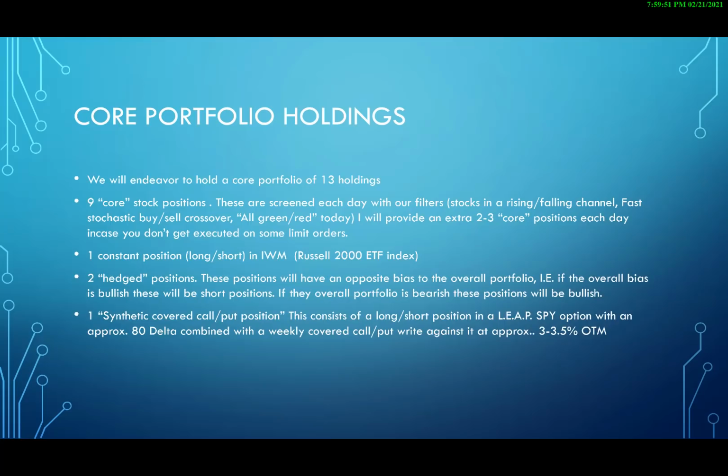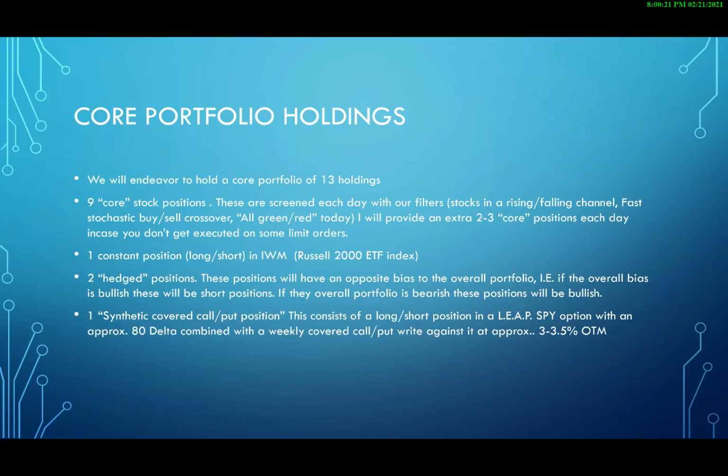So we would look for stocks in a rising or falling channel, a fast stochastic crossover signal that is giving us either a buy or a sell signal, and then an all green or all red today signal. So all green or all red would mean that 3 of the technical indicators that we most commonly follow, and generally speaking, that's the MACD, the RSI, and the stochastics.